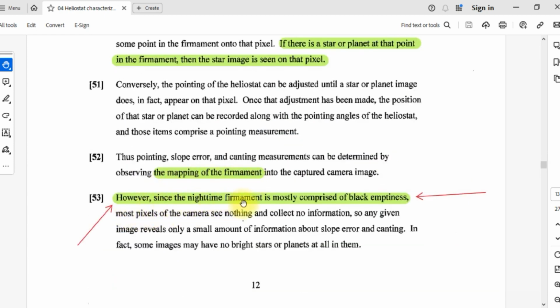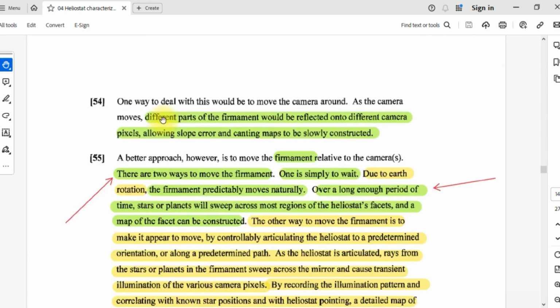However, since the nighttime firmament is mostly comprised of black emptiness, different parts of the firmament would be reflected onto different cameras' pixels, allowing slope error and canting maps to be slowly constructed. There are two ways to move the firmament. Now here they say due to the Earth's rotation, but we know Earth does not rotate.